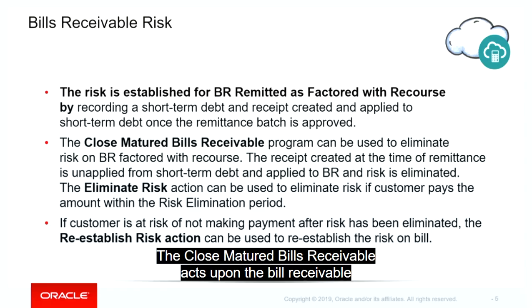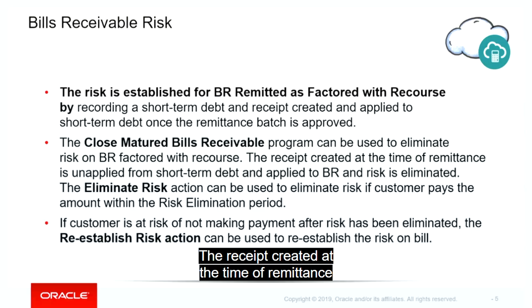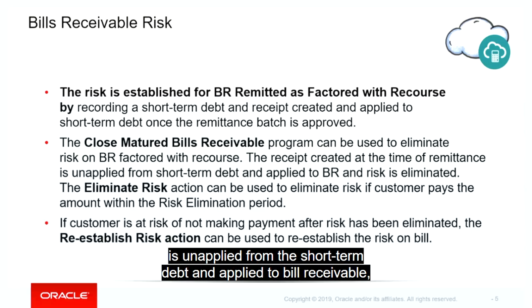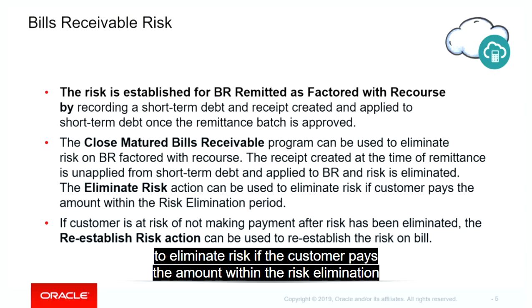The close matured bills receivable action acts upon the bills receivable whose maturity date is in the past. The receipt created at the time of remittance is unapplied from the short-term debt and applied to the bills receivable, and the risk is eliminated. The eliminate risk action can also be used to eliminate risk if the customer pays the amount within the risk elimination period.